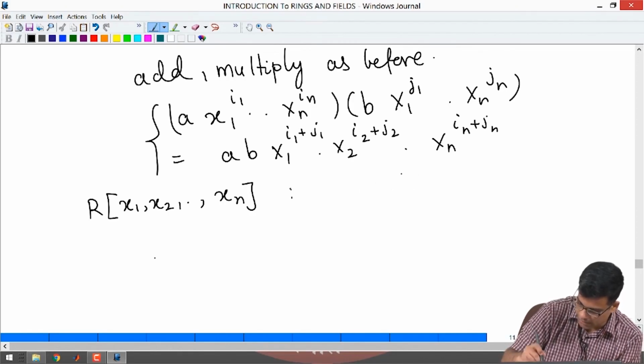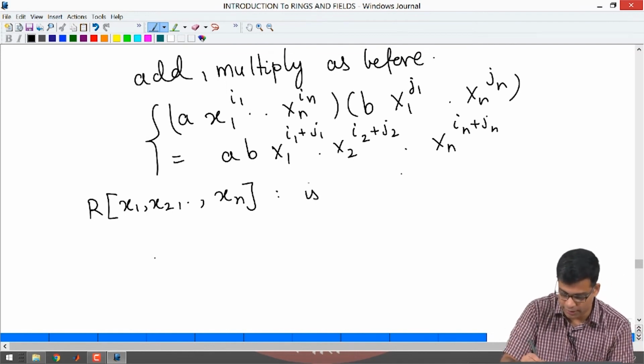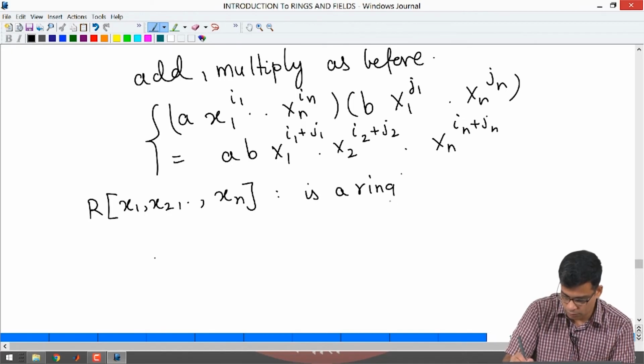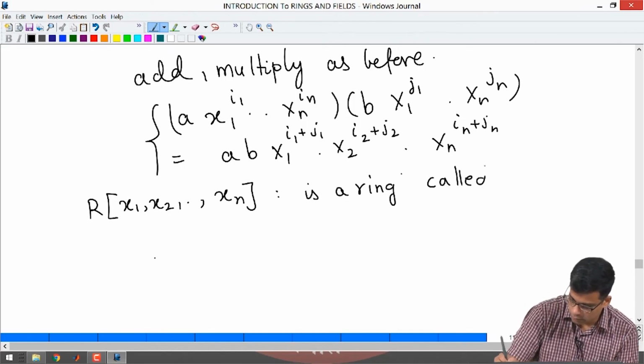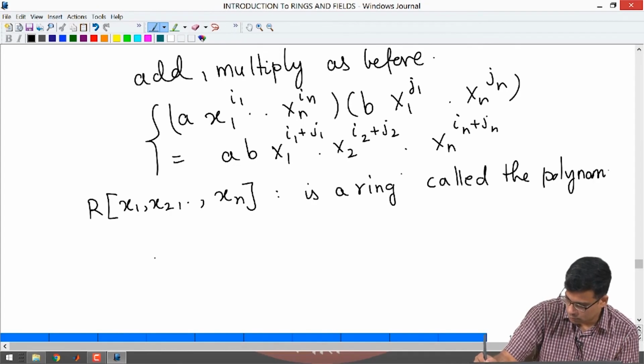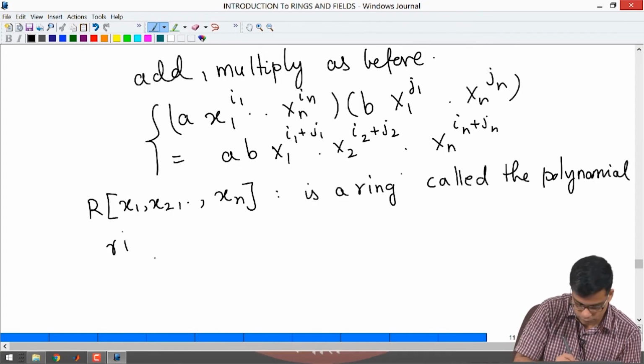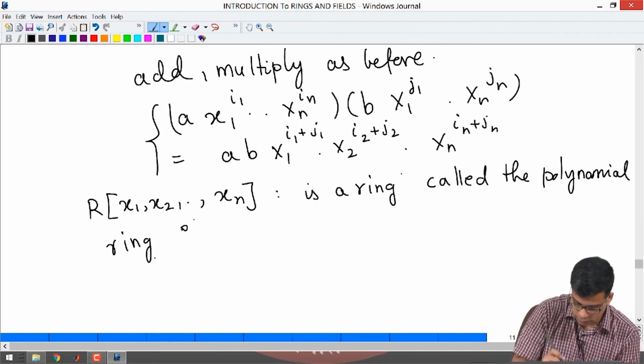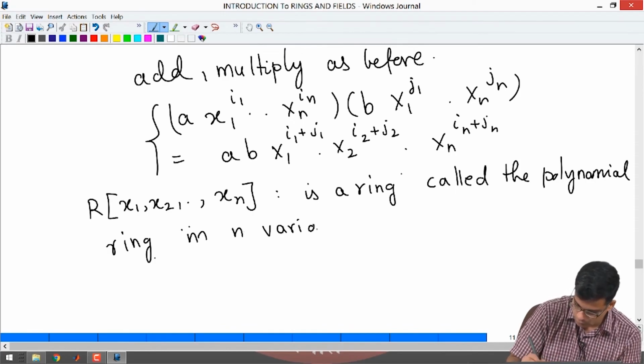Polynomials in n variables with the addition and multiplication that I briefly described form a ring called the polynomial ring in n variables over R.